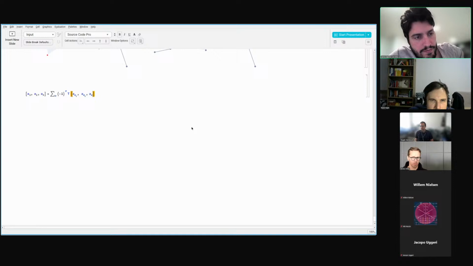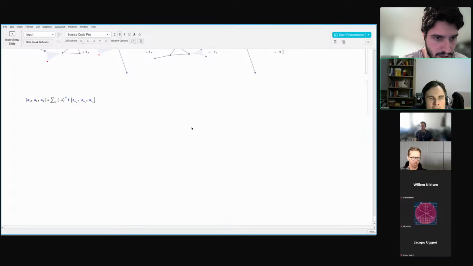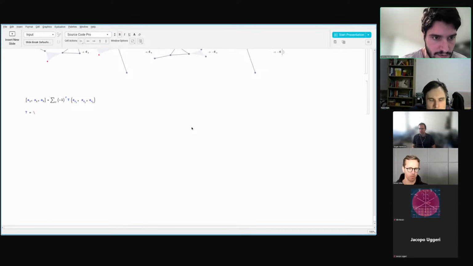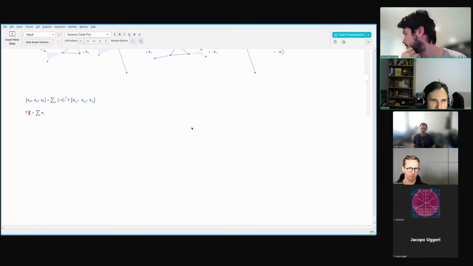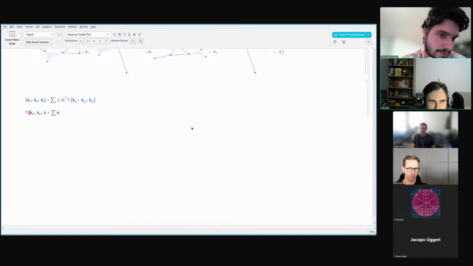Now this t is the sum over all gluings of t of a1, a2, a3. It's a sum over all gluings, over all vertices.